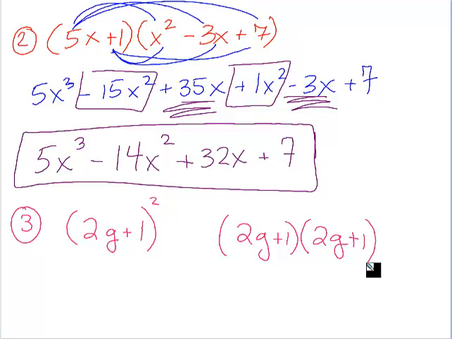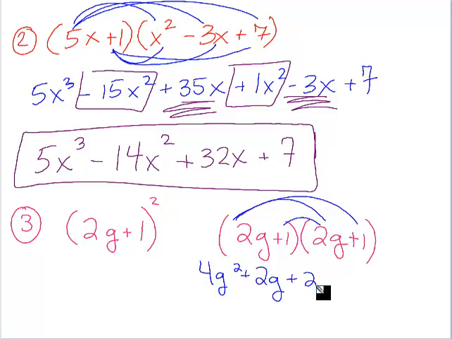Yeah, do the distributing. So 2g times 2g is 4g squared. How about 2g times 1? Plus 2g. How about 1 times 2g? Another plus 2g.